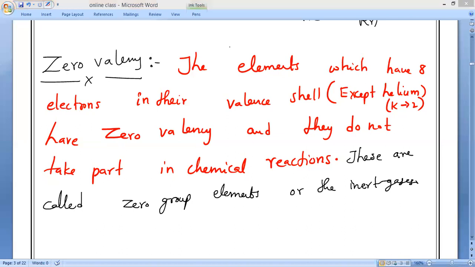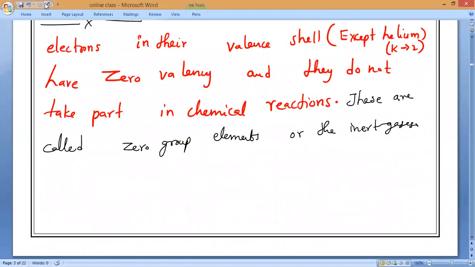Now, these are unreactive in nature. If they are unreactive, do they exist as a single atom or as a molecule, a pair of atoms? Single atom.